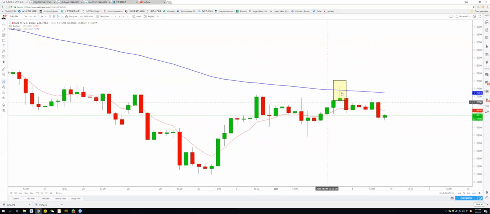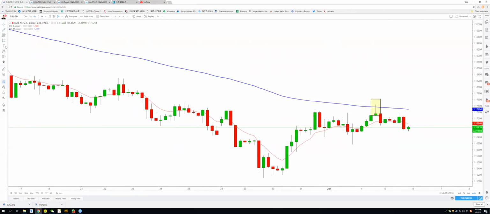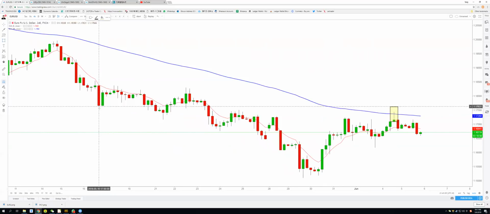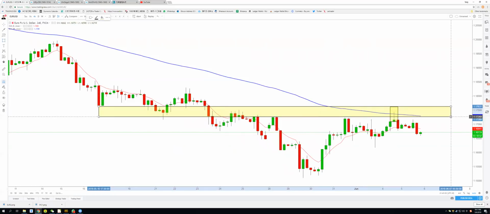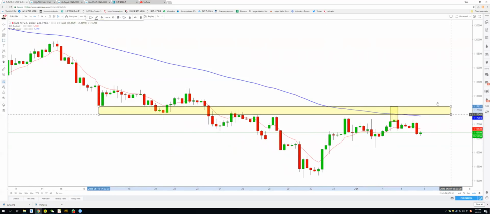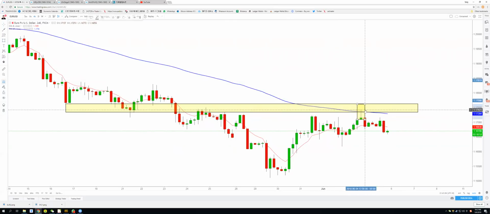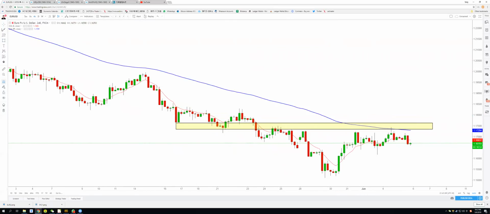This pin bar is actually a respect of this 89 EMA. And look left, the euro still cannot break through the structure here. The structure is very important because a lot of buyers are trapped at these levels. The buyer breakdown becomes seller control, seller control, and the pin bar seller control.